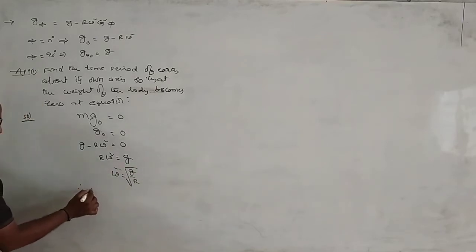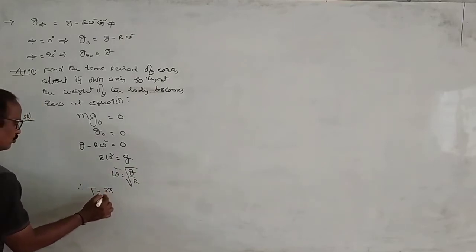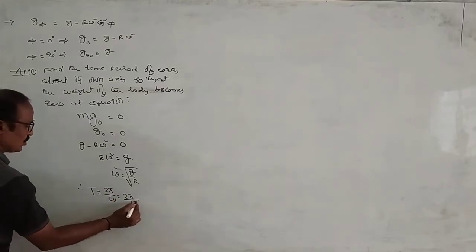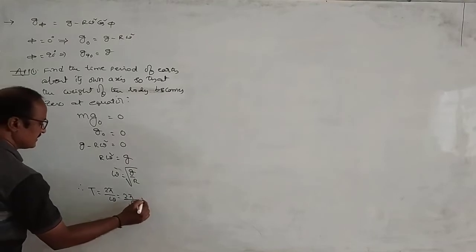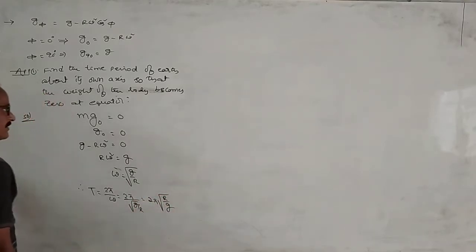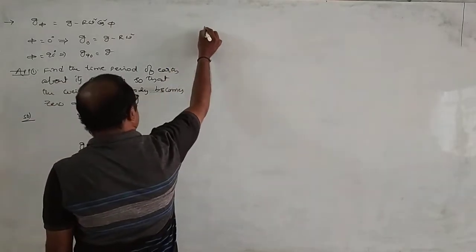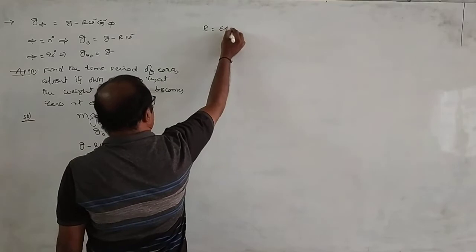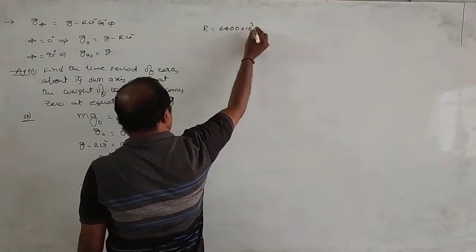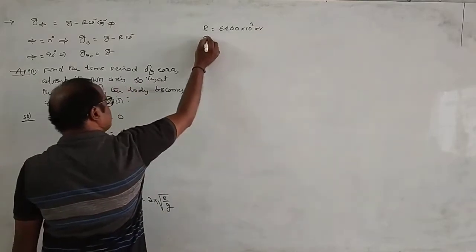Then the time period T is equal to 2 pi by omega, that is equal to 2 pi by root of g by r, that is equal to 2 pi into root of r by g. But what is the value of r here? The radius of the earth is nearly 6,400 kilometers or 6,400 into 10 cube meters.